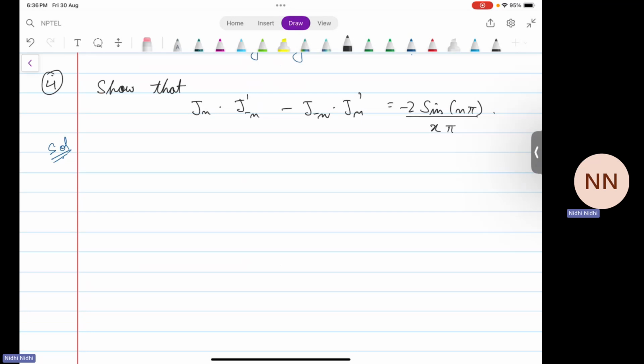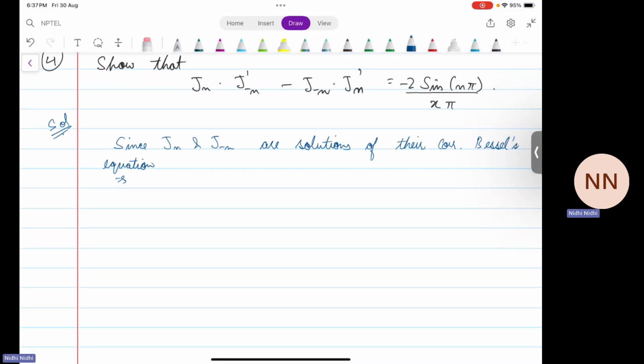Since J_n and J_(-n) are solutions of their corresponding Bessel's equation, J_n would satisfy it corresponding to alpha equals n, and since we have alpha square in the given problem, and the squares of n and minus n are the same, they are basically satisfying the same equation.